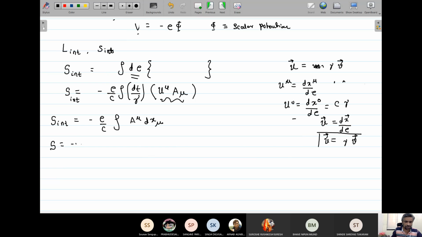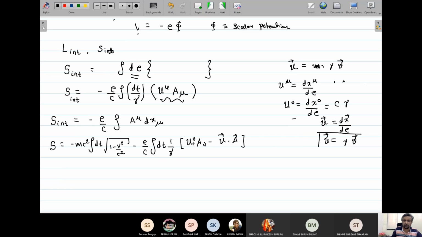The first term is the free part, minus mc square dt square root of 1 minus v square divided by c square. Then there is the S interaction, that is minus e by c integration dt, 1 over gamma, okay, and u^0 A^0 minus u dot A.